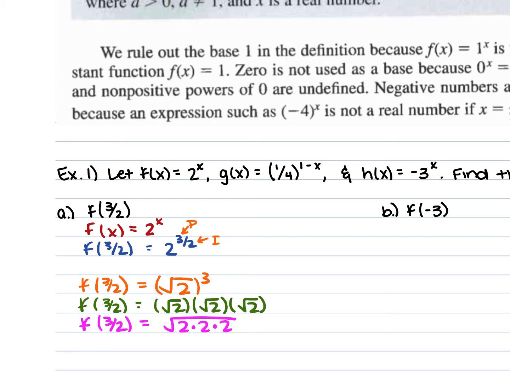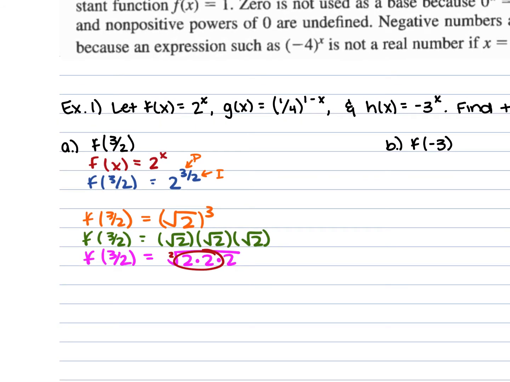Our index is an invisible 2, so we're grouping up sets of 2. Two twos pair up, so you're going to bring one of those out. So we're just going to have f of 3/2 is equal to 2 square root 2. And because that radical is not in the denominator of a fraction, we can leave it just like you have it.